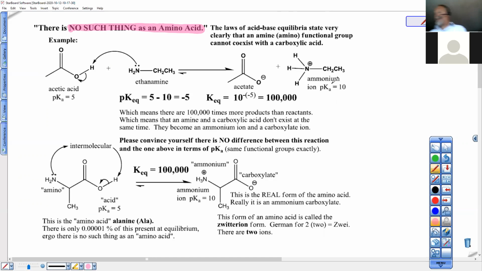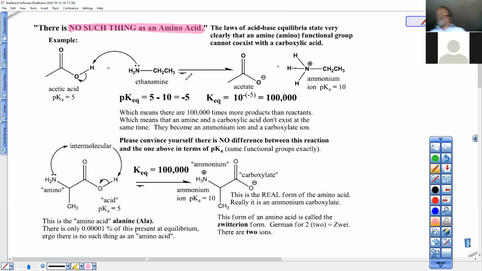Do the pKeq analysis and then the Keq, and it's 100,000, which means this arrow should be 100,000 times bigger than the backwards arrow, and that would be just a dot if I did 100,000 times smaller. So bottom arrow's too big here.